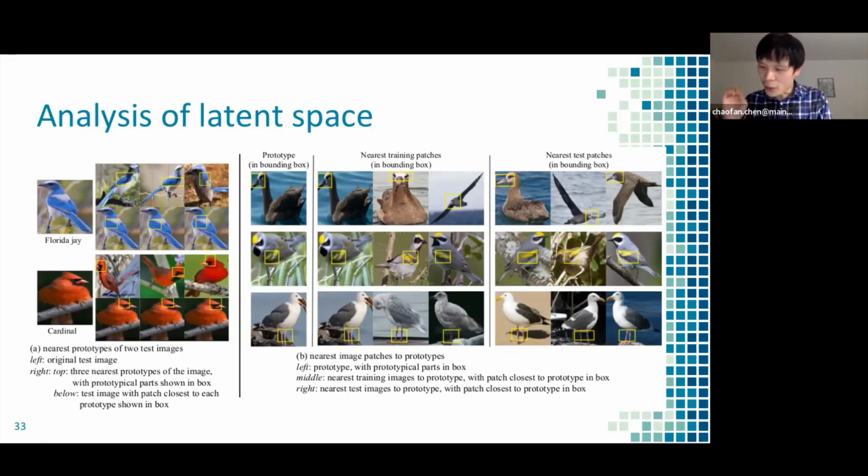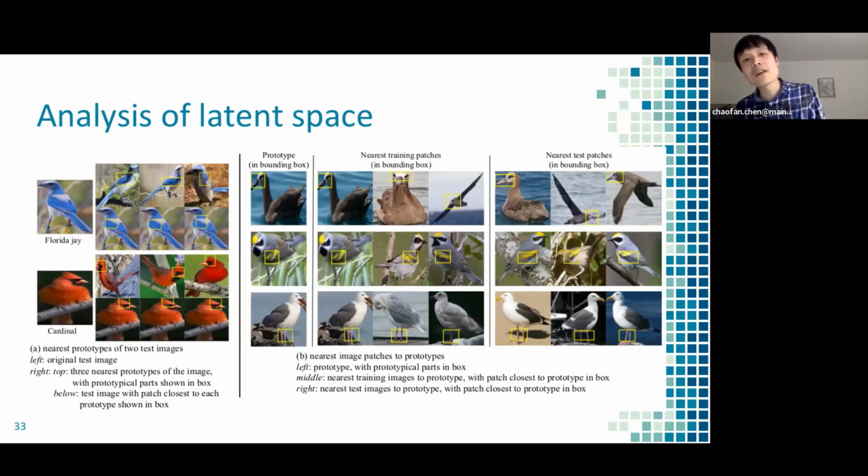And for the cardinal example, the most activated prototypes, the most similar prototypes are all the heads of the cardinals. And indeed, we can see that the most similar patch of this cardinal test image to each of the 3 head prototypes are all the heads of this cardinal. So this is something we call the local analysis, where we give a test image and we try to find the closest prototypes to a given test image.